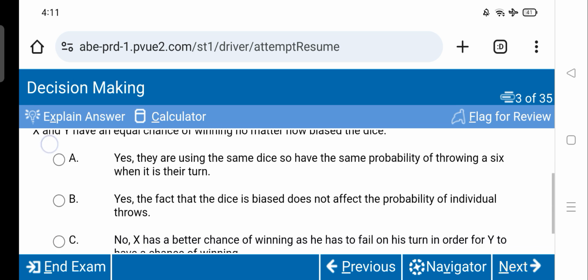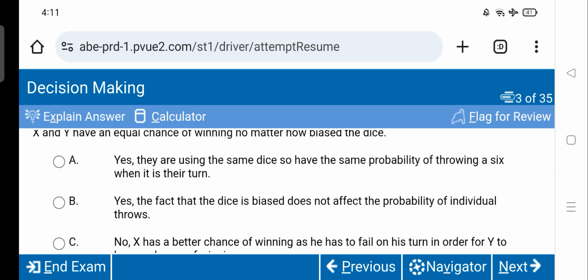Option A, yes, they are using the same dice, so have the same probability of throwing a 6 when it is their turn. Option B, yes, the fact that the dice is biased does not affect the probability of individual throws.